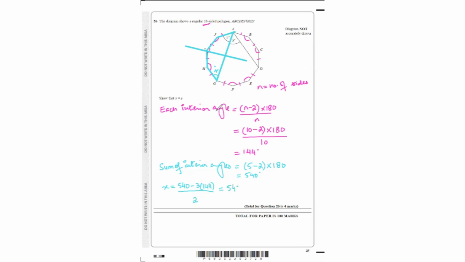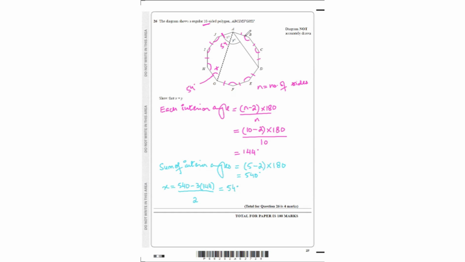Now we have to prove that y is also 54. So to prove that, let me just erase. Once again, we know that these are equal. This is also x, and this was 54. So this is also 54.